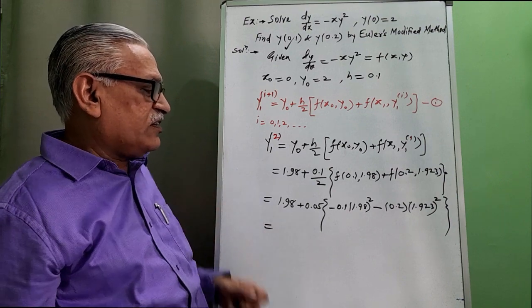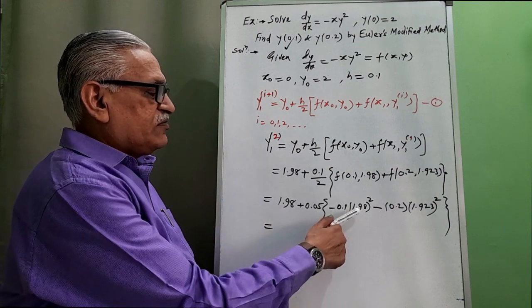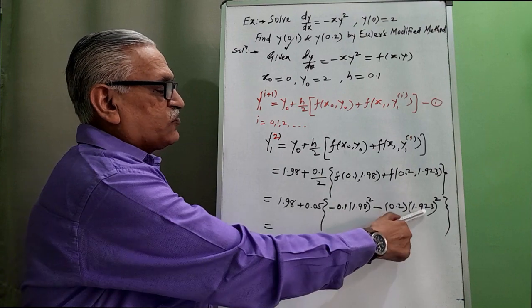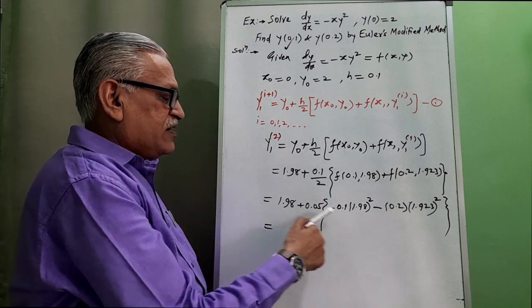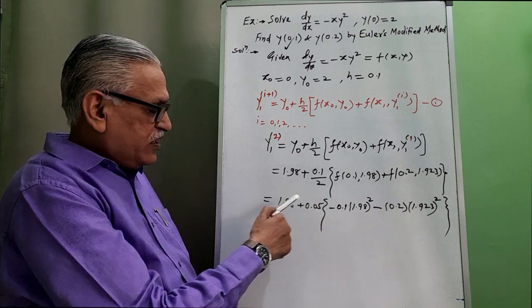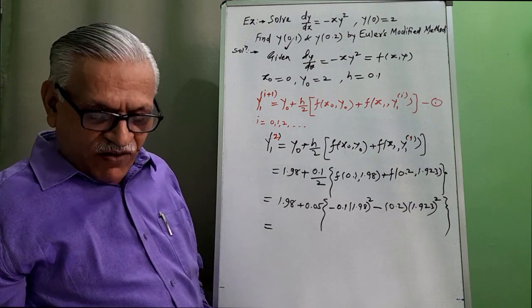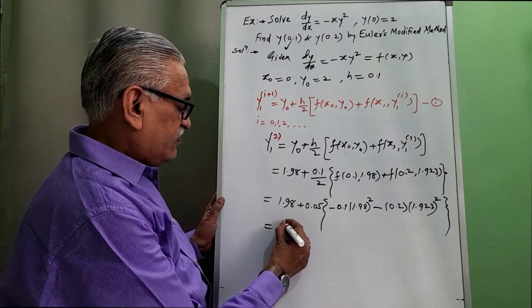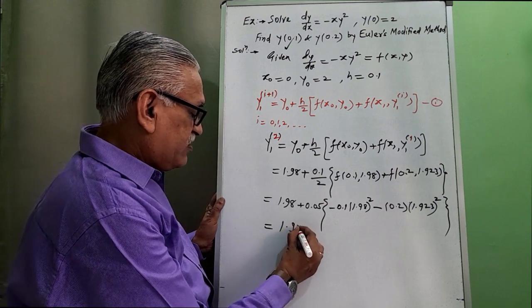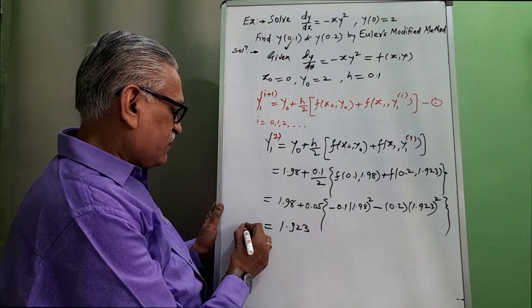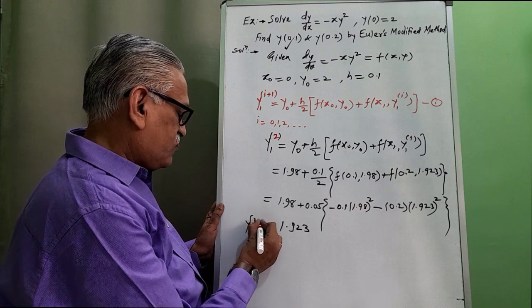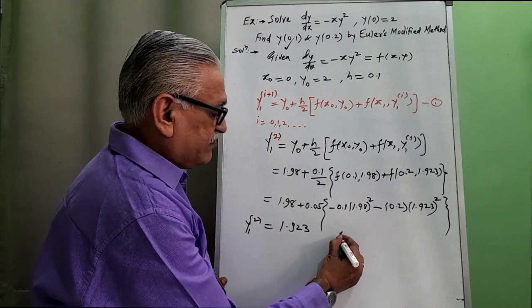Simplifying it by calculator, square multiplied by 0.1, square multiplied by 0.2, add, multiplied by 0.05, and then finally adding with 1.98, we get that value as 1.923, which is the value of y1 superscript 2.